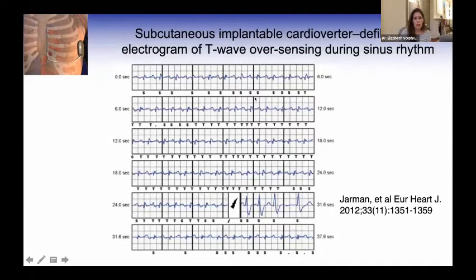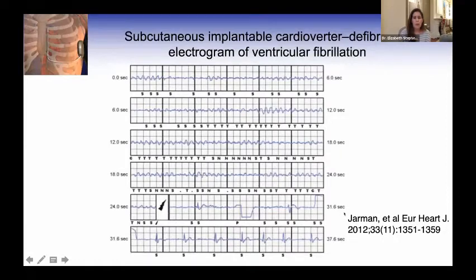Here's an example of some of the oversensing that's very frequently seen, unfortunately. You can see here that into this patient's sinus rhythm, you have frequent T-wave oversensing, ultimately leading to charging from the diagnosis of tachycardia and an inappropriate shock. Similarly, from the same paper, you see very concerning undersensing. This is an episode of VF that actually started about 2 seconds prior to this tracing.